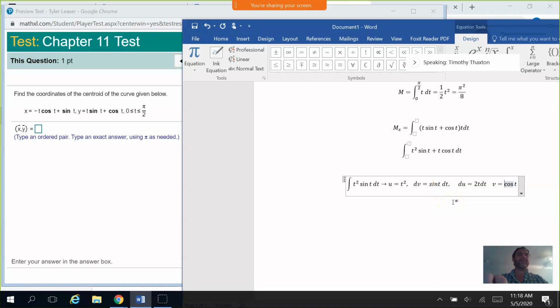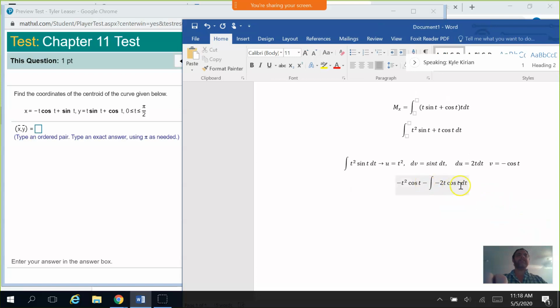Nope, negative. All right, plugging that in, we're going to do u times v, so negative t squared cosine of t, minus the integral of v times du here. So negative 2t cosine t dt.